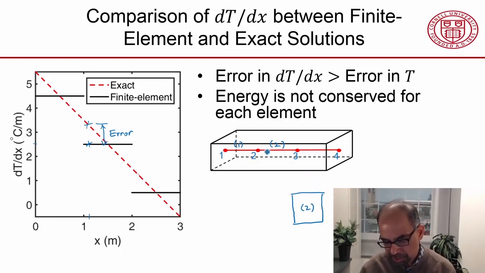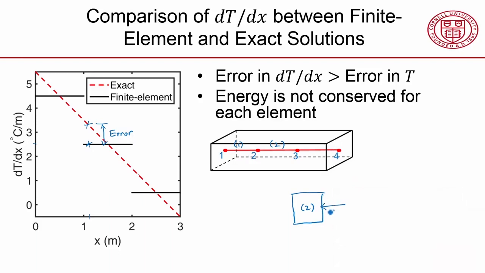Here, the way I picked the boundary conditions, the temperatures are increasing this way, so the heat is flowing this way from hot to cold. So the heat is coming in here, and I'll say that's the q2 in, the heat flux coming into element 2, and if I multiply that by the area, I'll get the heat flow through there. Correspondingly, this would be the heat flux going out, and if I multiply that by the area, I will get the heat flow going out. So that's the heat flux, and multiplied by the area is the heat flow.